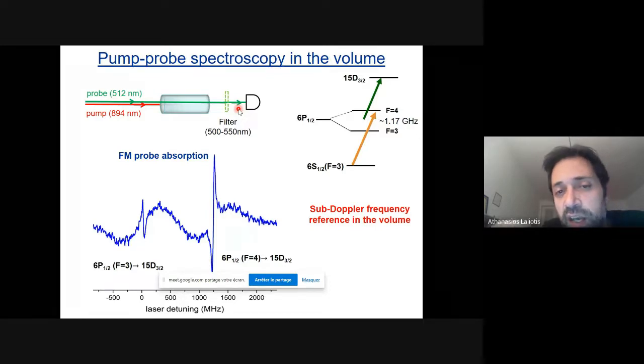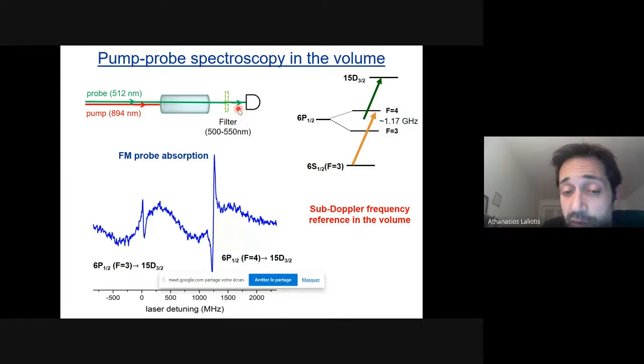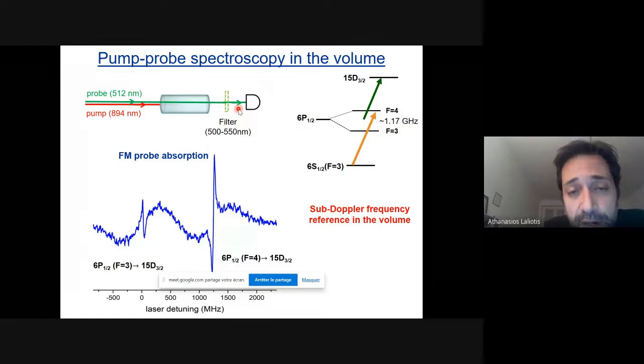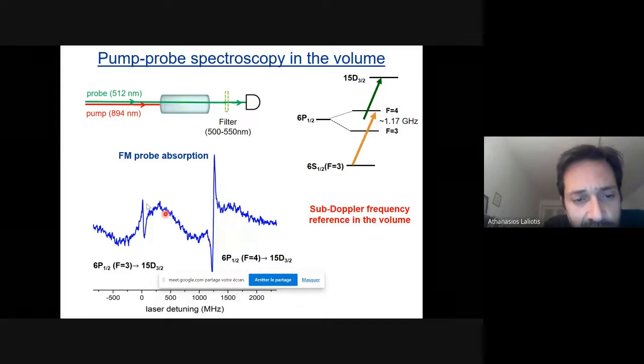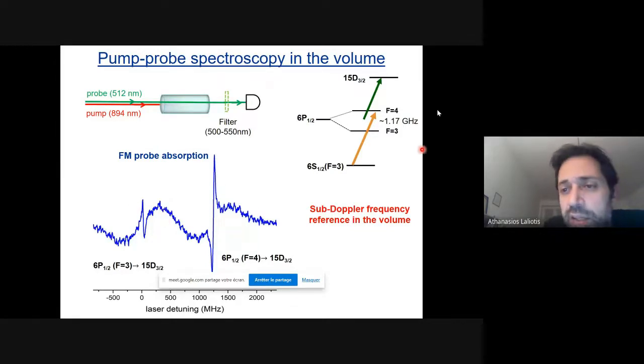This allows you to get a frequency reference without doing saturated absorption spectroscopy. What is also very interesting, and we don't really know why, is that you pick up a sub-Doppler component in both these components, even the one that's populated by collisions. This is something we don't understand, but we are very glad it's there, and we can use it to get a frequency reference in the volume.